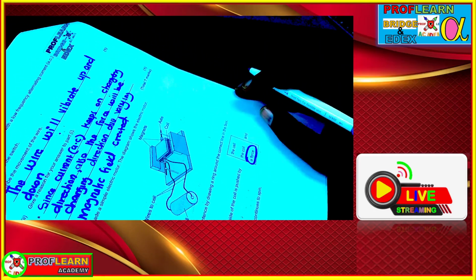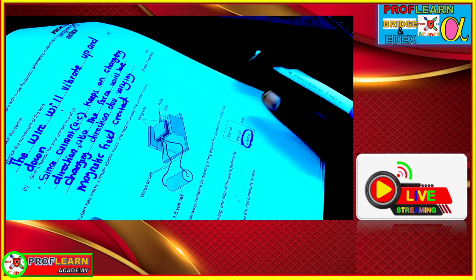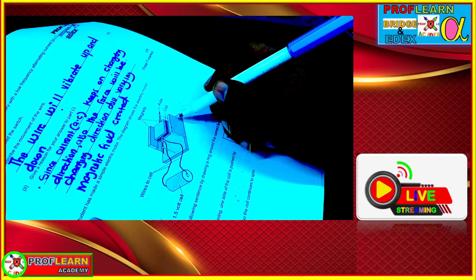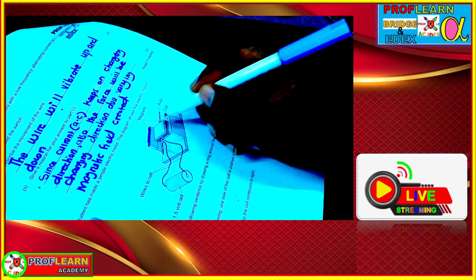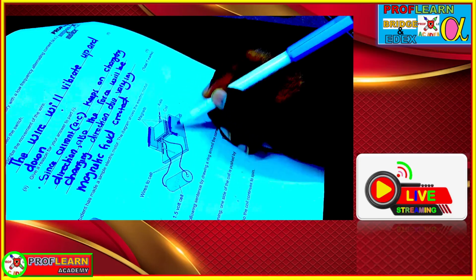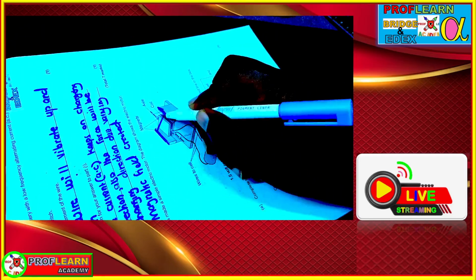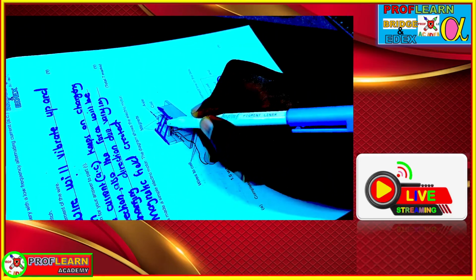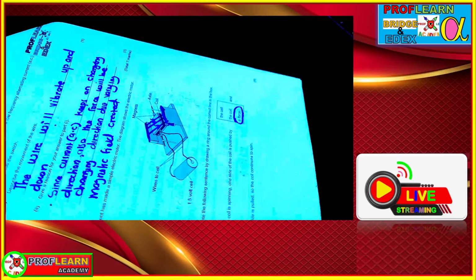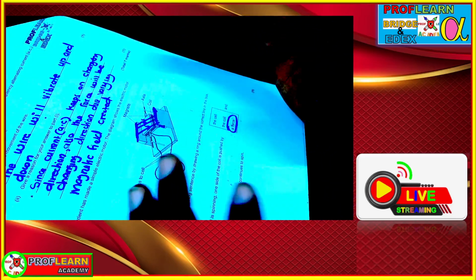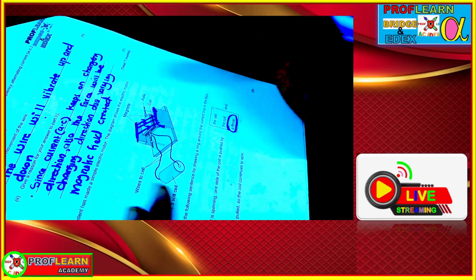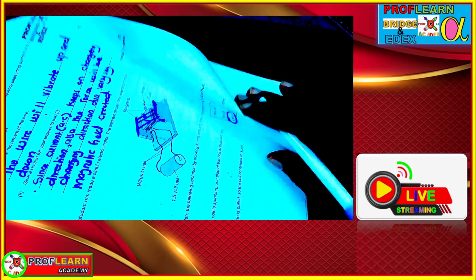Because the coils are inside a magnetic field, because these are magnets, we are having magnets here. So since they are magnets, then we are going to have magnetic fields. And since there are magnetic fields and there is a current flowing through the coil, there is going to be a force due to motor effect. So that is exactly what we are going to say.